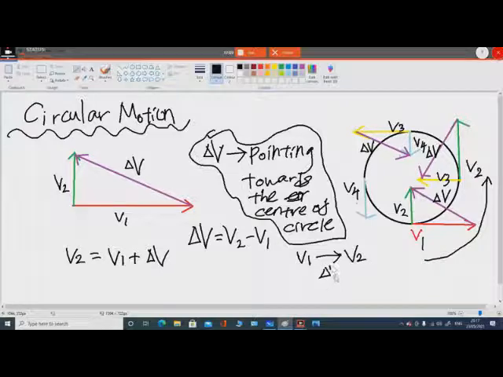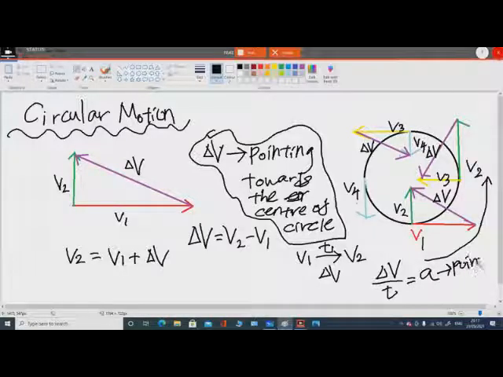This is delta V, and from V1 to V2 there will be a time taken, denoted as t. So delta V, the change in velocity, divided by the time taken, will naturally give us the acceleration. This means that the direction of the acceleration is also pointing towards the center of the circle.